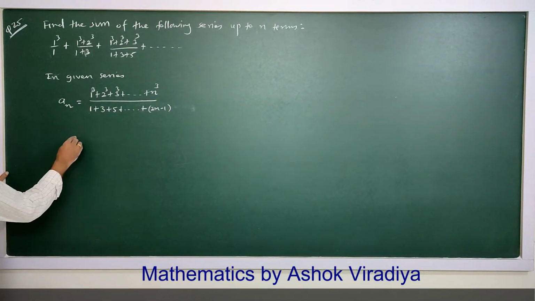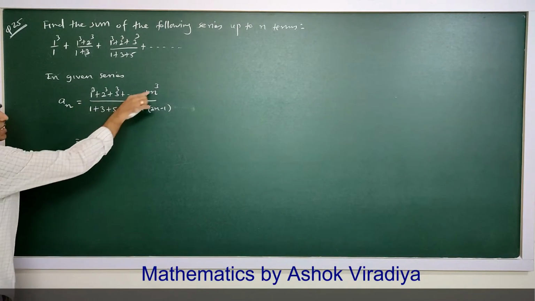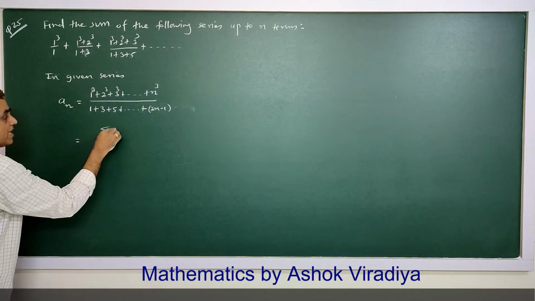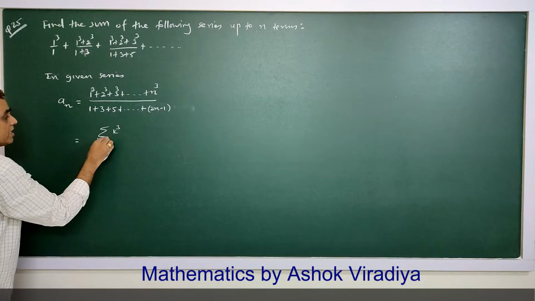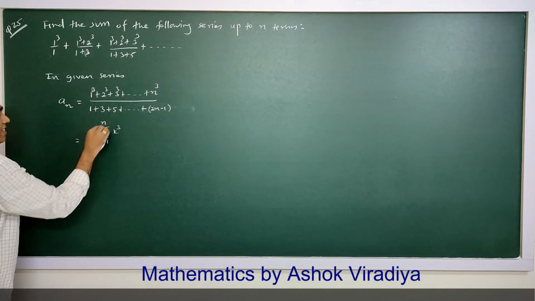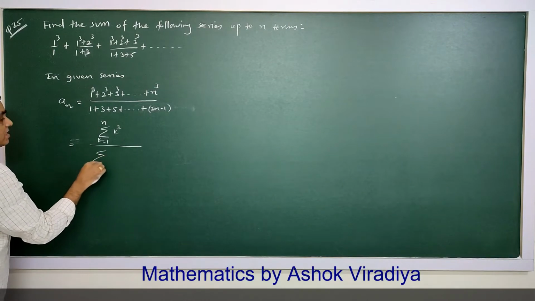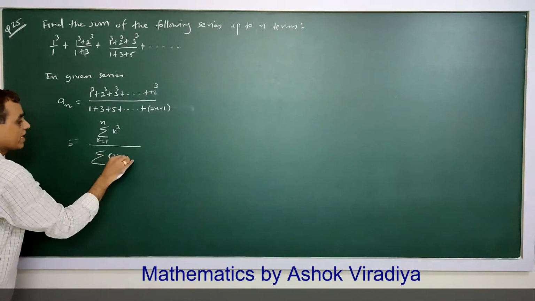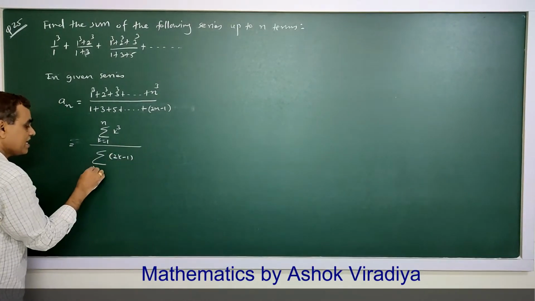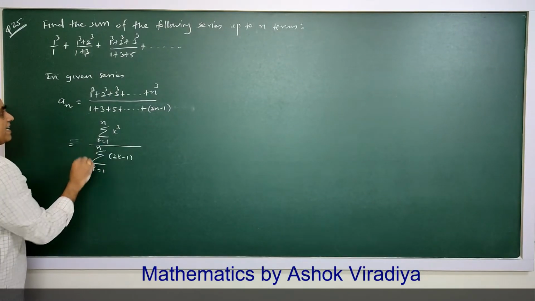Now this numerator can be expressed as sigma k cube, k equal to 1 to n. The denominator can be expressed as sigma of 2k minus 1, k equal to 1 to n.